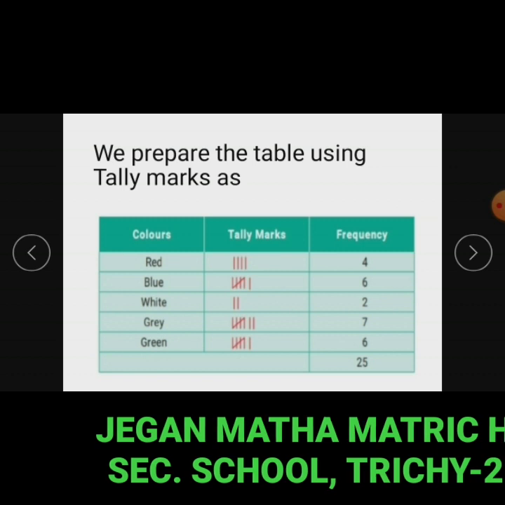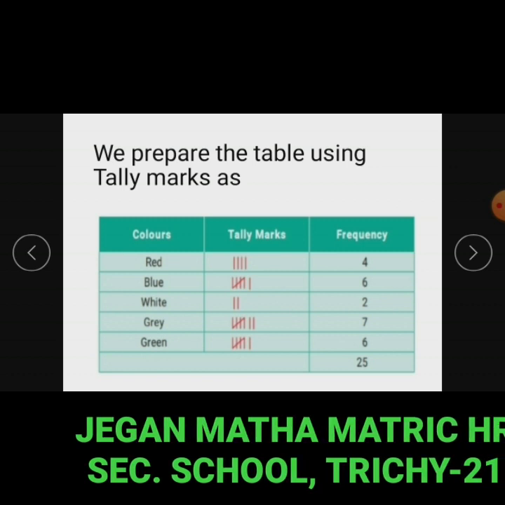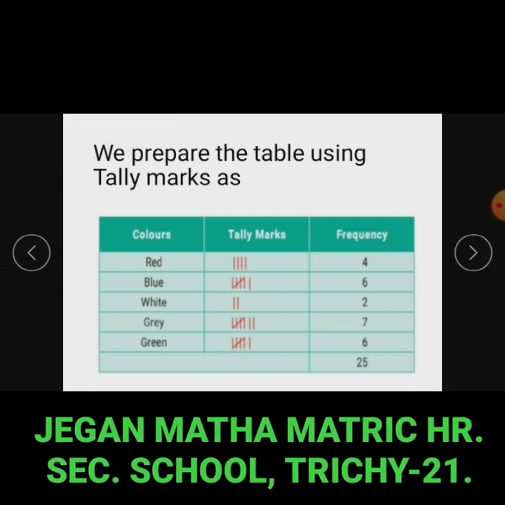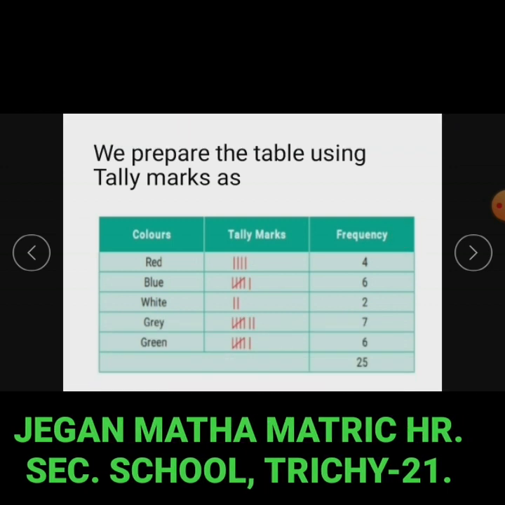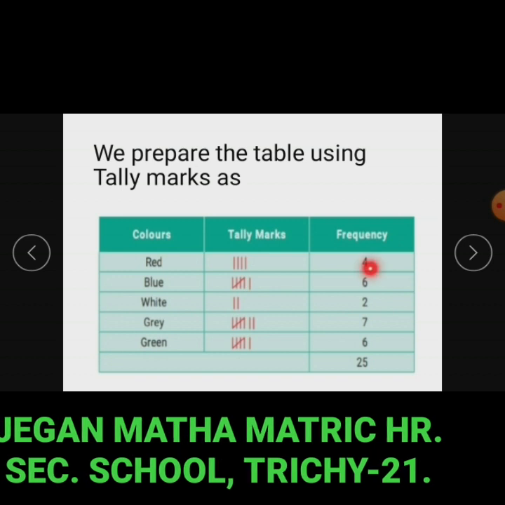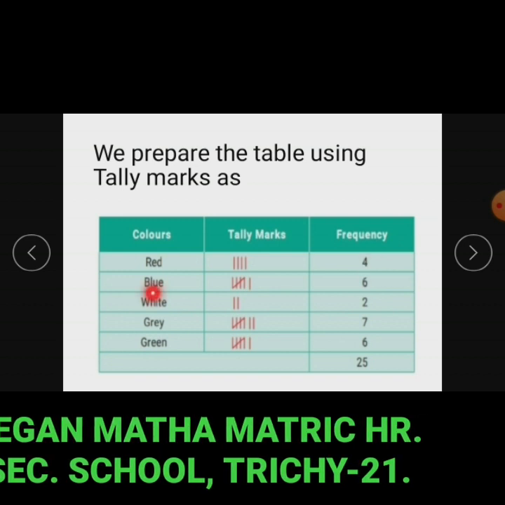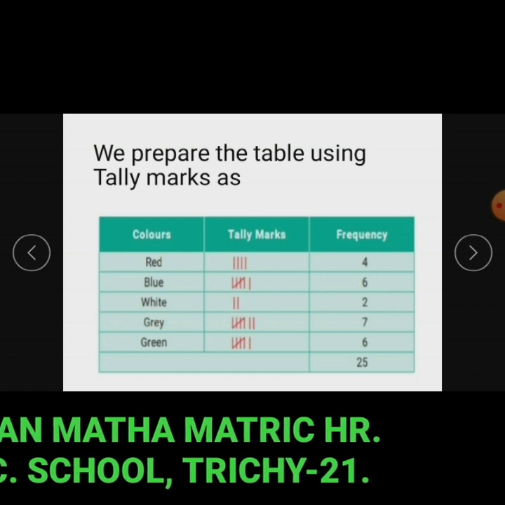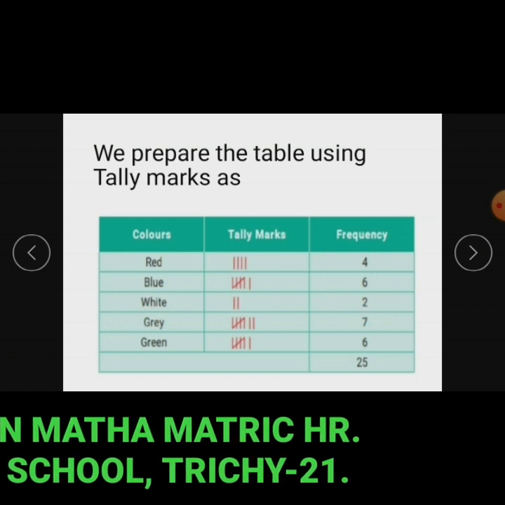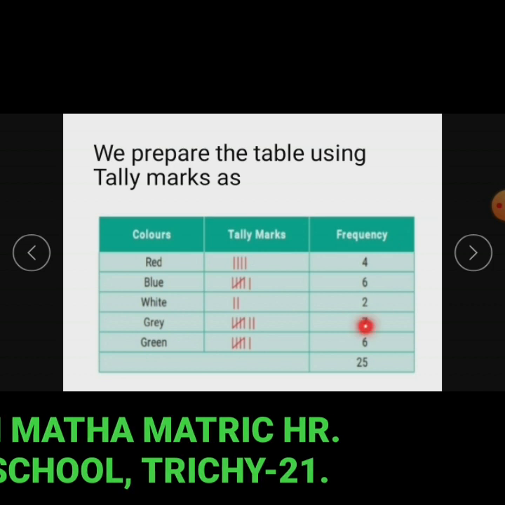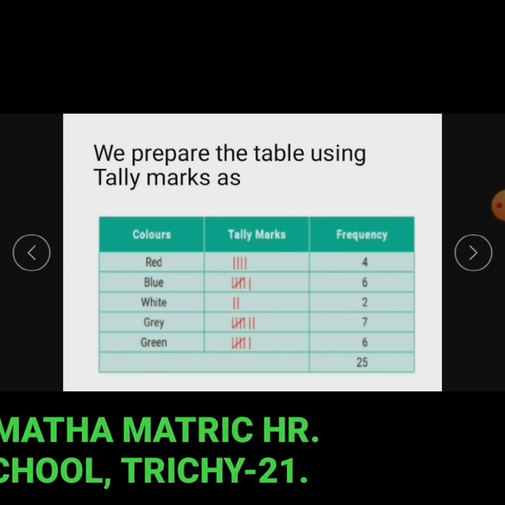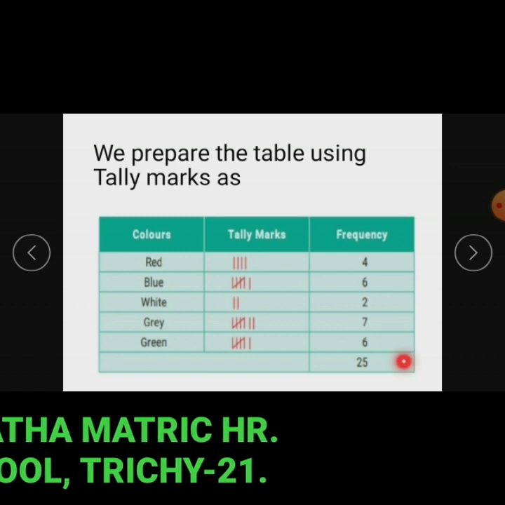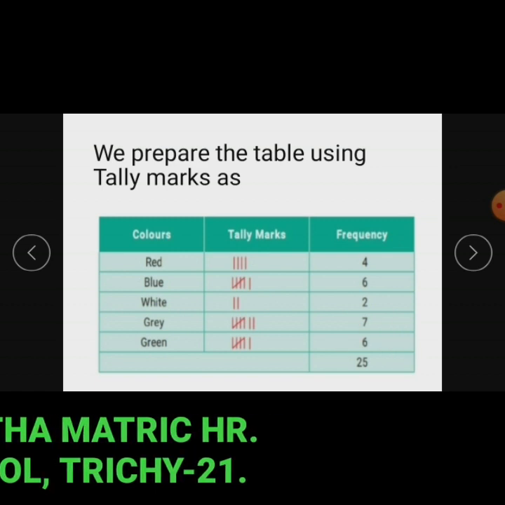We prepare the table using tally marks as colors, tally marks and frequency. Red color were liked by 4 students. Blue color by 6 students. White color by 2 students. Grey color by 7 students and green color by 6 students. Total number of students equal to frequency.